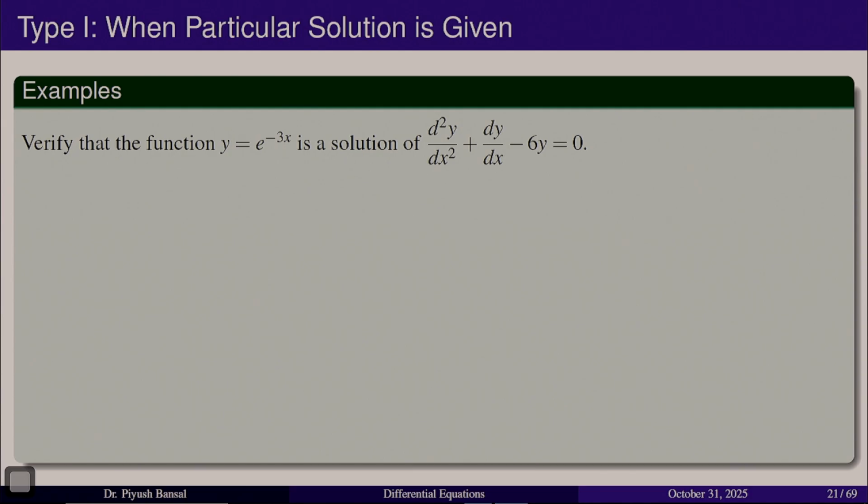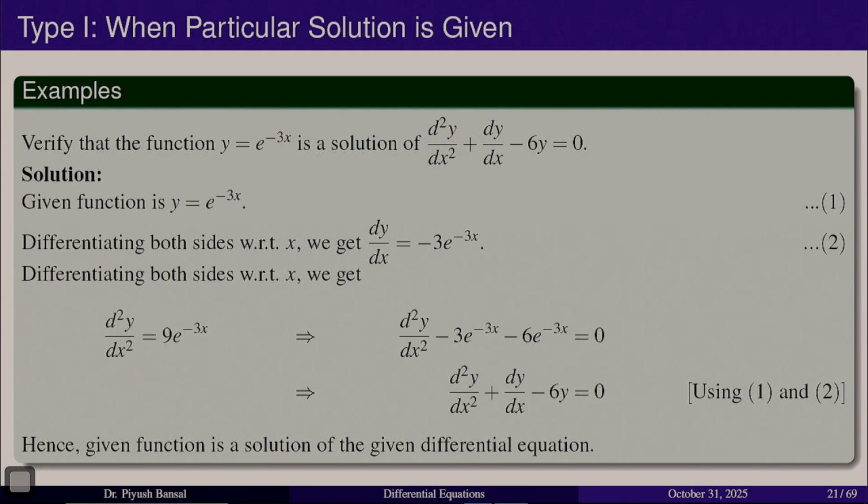As the next example, y equal e to the power minus 3x is a function which will satisfy this second order differential equation. This is a quick solution again. The given function is y equal e to the power minus 3x. We differentiate it once, and we get dy by dx equal minus 3 e to the power minus 3x.